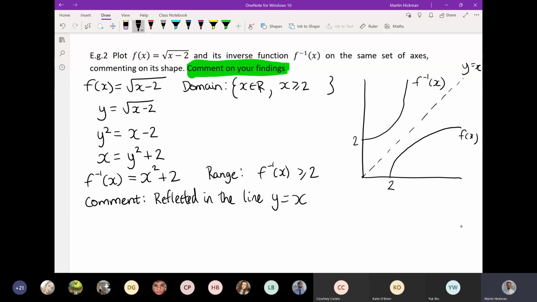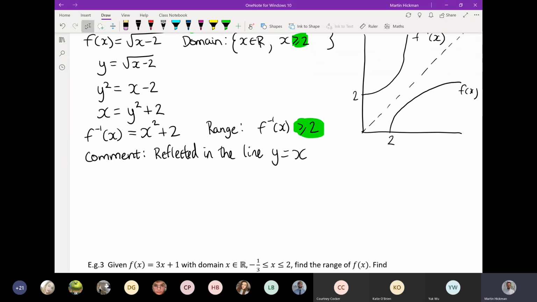Now I can't draw more of the graph to the left of this, because I need to consider what values were in my domain in the first place. So if I look at the range here, I should notice that it's the same as my domain, which is going to be quite an important thing that we look at in a second.